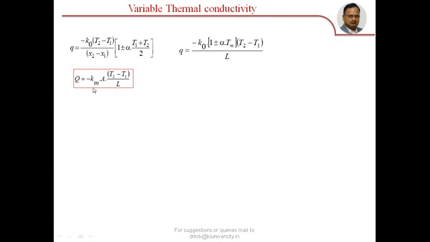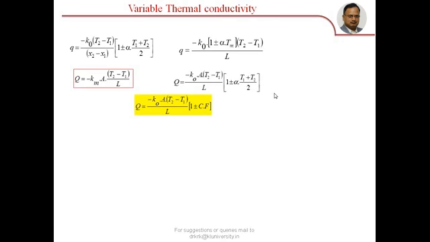So instead of taking K, we have to take the mean thermal conductivity of the material at temperatures T1 and T2. This can also be written as Q equal to K naught A, of course A because small q is converted into total heat, T2 minus T1, 1 plus or minus alpha, T mean is T1 plus T2 by 2.